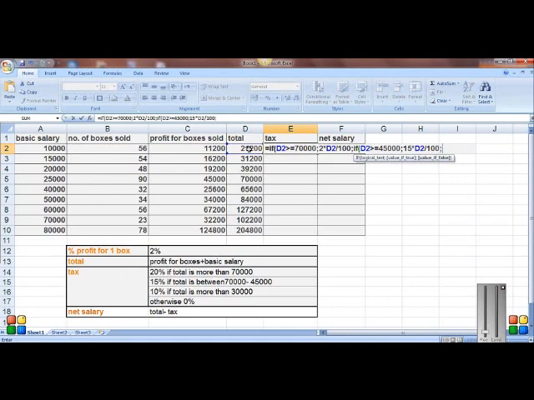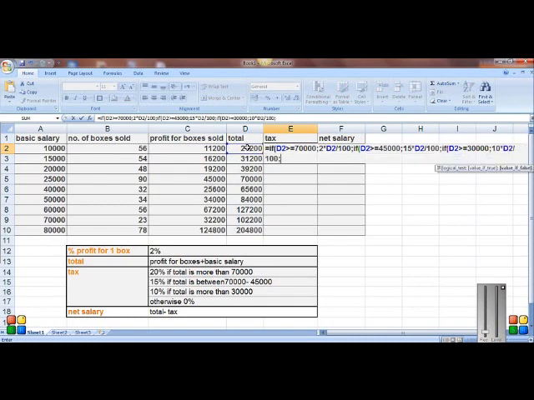The value if false of the second IF formula will be again another IF formula. The third condition is if the total is more than or equal to 30,000, the value if true will be 10% of the total. 10 multiplied by the total divided by 100. That's 10% of the total.